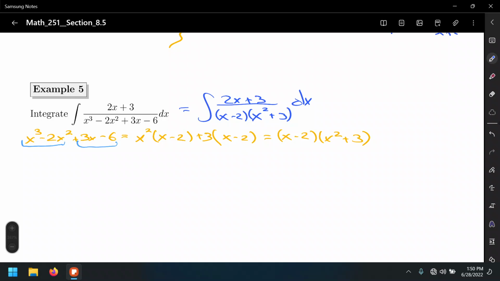Is that a linear repeated? It's just a linear and it's not repeated, right? So only one power, that is the integral of A over x minus 2. But what about that x squared plus 3? It's an irreducible quadratic.